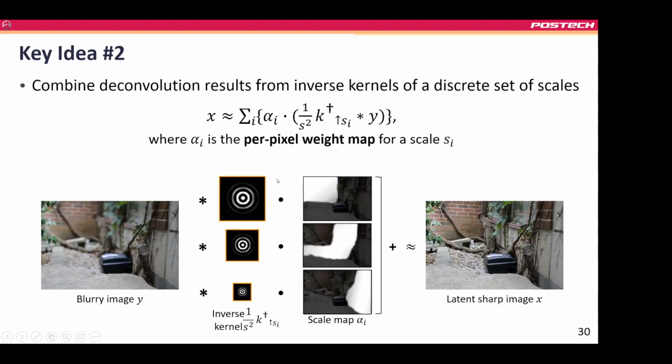Then we interpolate using some weights. Then for this part, the result of this inverse corner will have a larger weight because it has a larger blur. Then here, this part has a middle scale blur, and then the result of this middle scale inverse corner will have a larger weight, and this part is handled by this smaller scale inverse corner, something like that. Then here, this means that we deblur this input by using different scales of inverse corner, and then we interpolate using some weight depending on the defocus blur size.